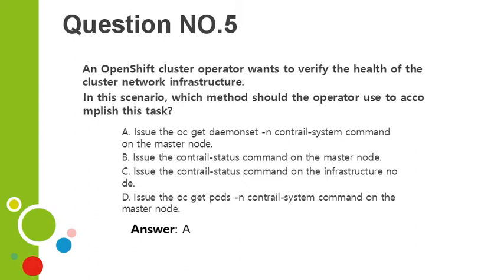B. Issue the contrail-status command on the master node. C. Issue the contrail-status command on the infrastructure node. D. Issue the oc get pods -n contrail-system command on the master node. Answer: A.